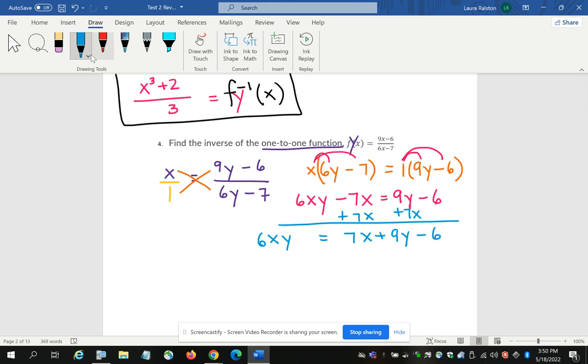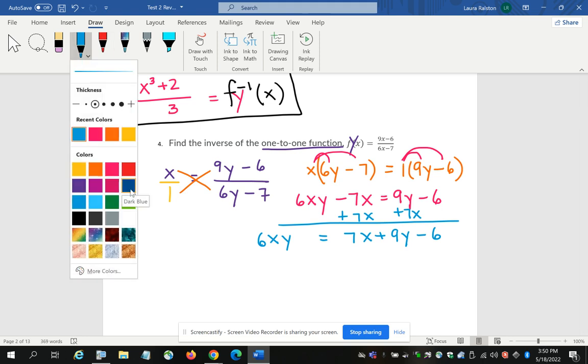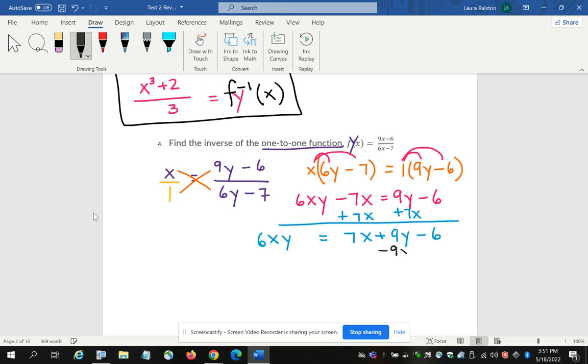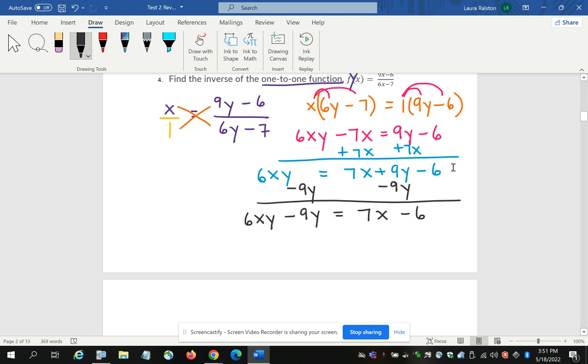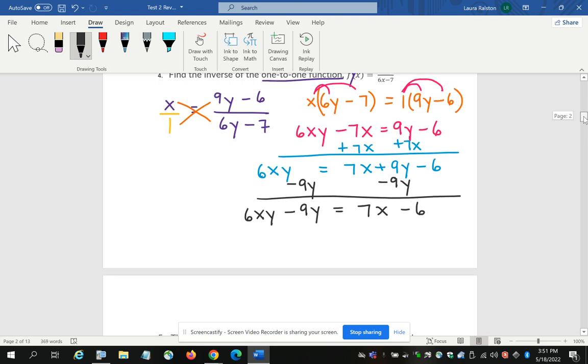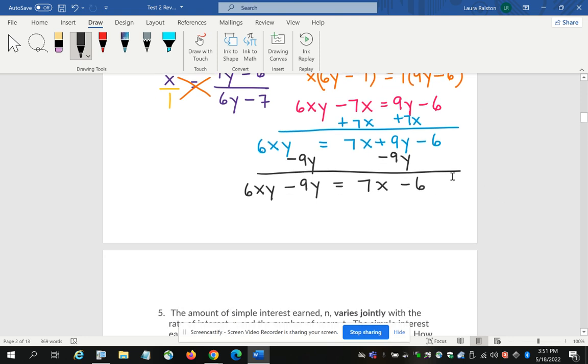Again, I'm trying to get all the y's together, so I'm going to subtract 9y from both sides. So I have 6xy minus 9y equals 7x minus 6. So I have both the terms that have y in them on the left and everything else on the right.